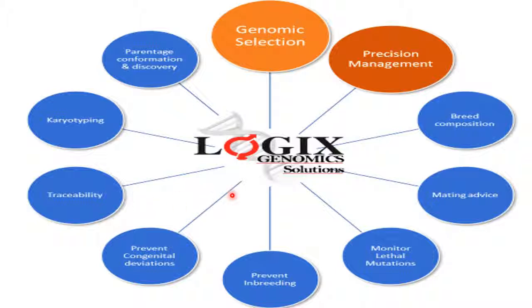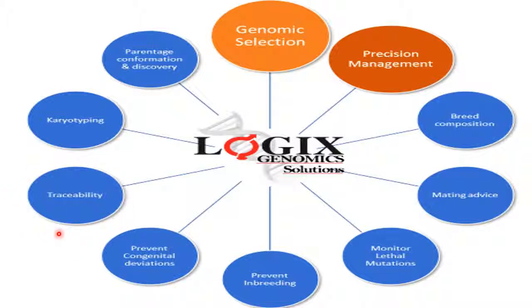This is just a slide to show some other advantages of testing animals with known genomic information. Obviously, the obvious reason for that would be genomic selection, but I've mentioned breed composition, mating advice. So many markers are given on the SNP panels, so lethal mutations can be detected early. We have mentioned the lowering of the rate of inbreeding, the prevention of some congenital deviations.